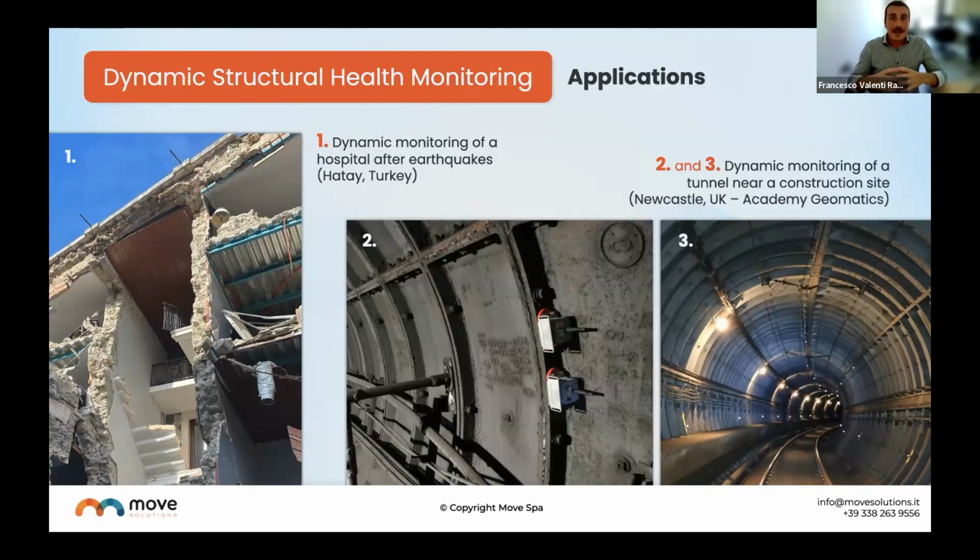Insight from the static deflection, from the tilt meters, and other insight that can come from the vibrometers and the accelerometers regarding the high frequency events and the dynamic part.